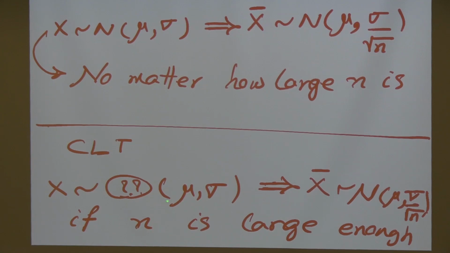So the central limit theorem says no matter what the distribution in the population is, if your sample is large enough, and if we have the assumptions of the central limit theorem, we still know that the distribution for the sample mean is normal, which is very interesting, right?